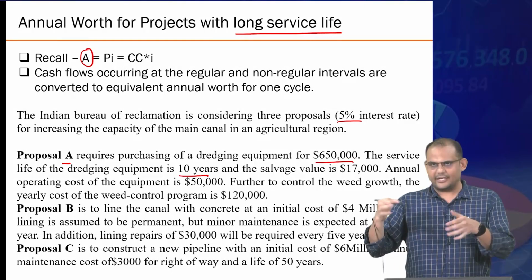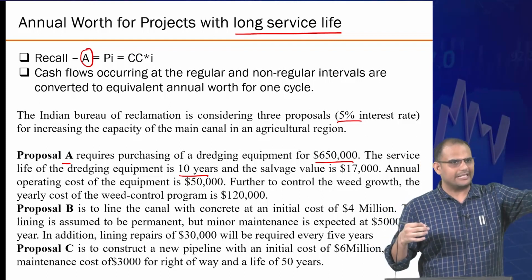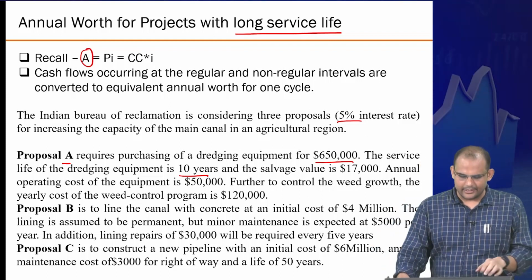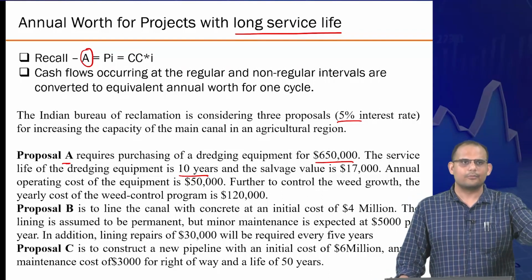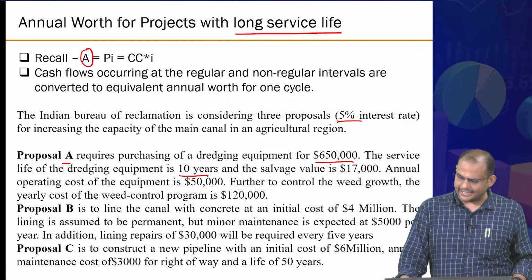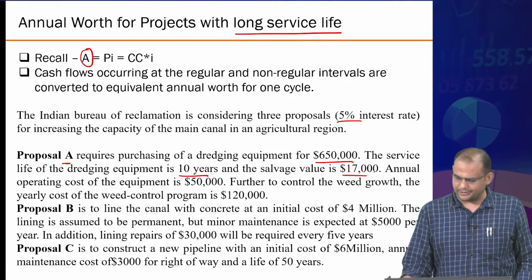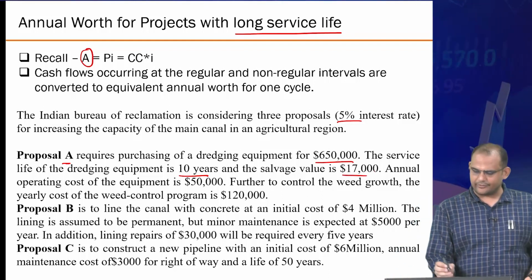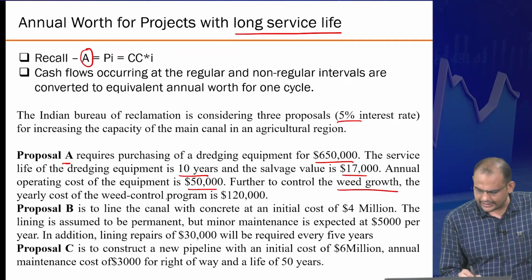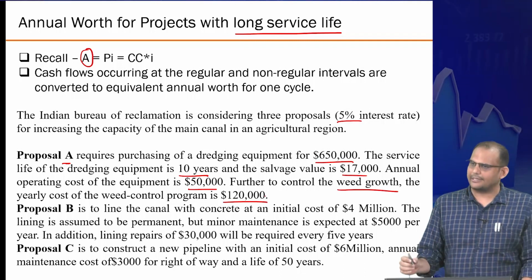In a canal, dredging equipment basically removes the weeds and everything so that the canal is well maintained. Dredging is also to remove the sediments that get deposited at the bottom, right?